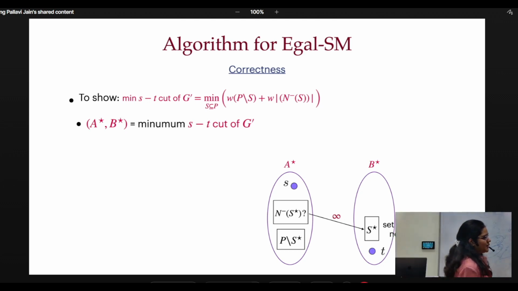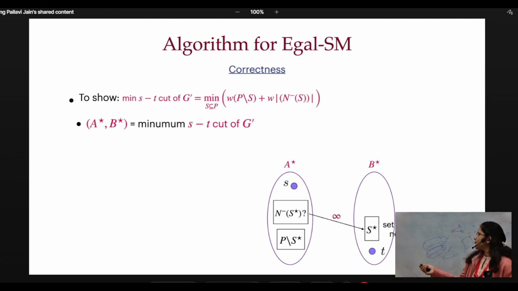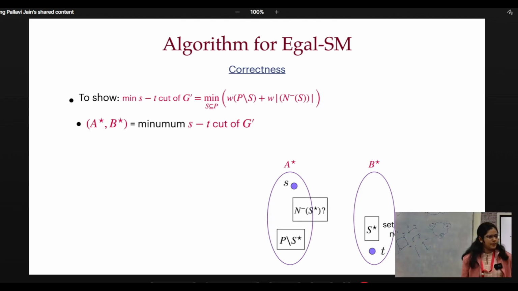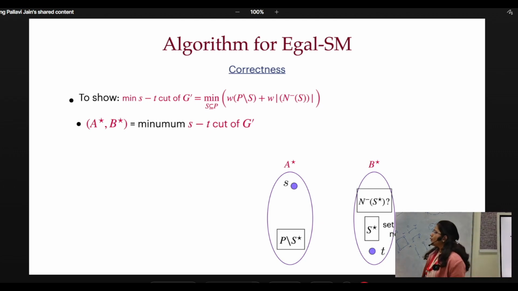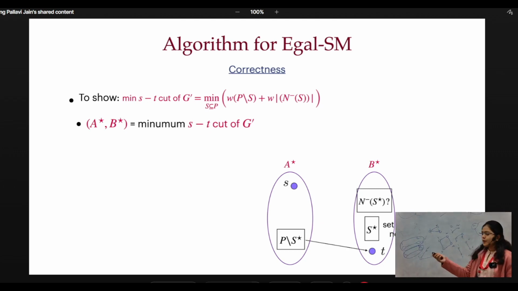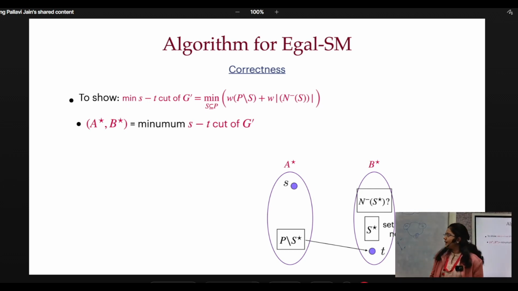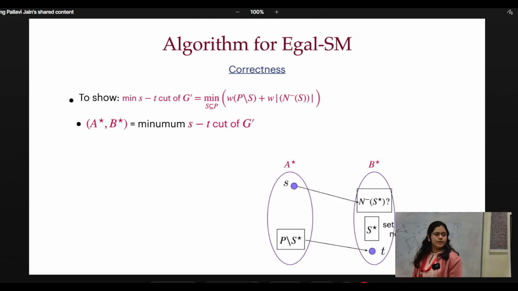So N minus S star cannot be in A star, it has to be in B star. So what is the contribution? You will have such arcs which contribute to the cut value, and from S to this value.